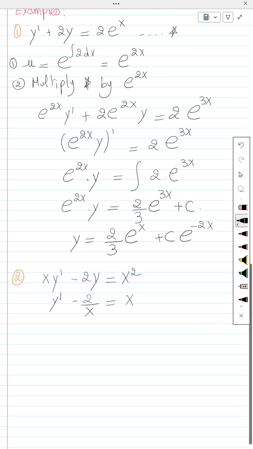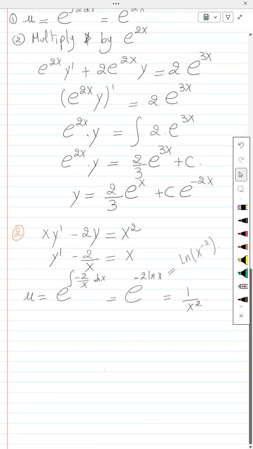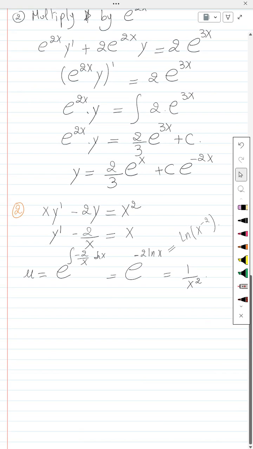So the second step is to calculate u. It's going to be the exponential of the integral of minus 2 over x dx, and it's going to be exponential of minus 2 ln x, and it's going to be 1 over x squared by using the laws of ln. It's going to be ln x to the power of minus 2, which is 1 over x squared.